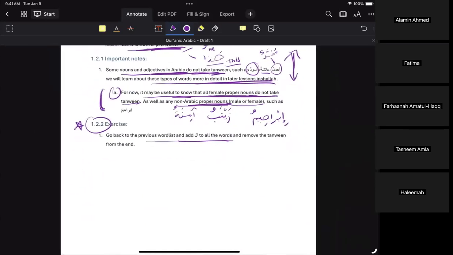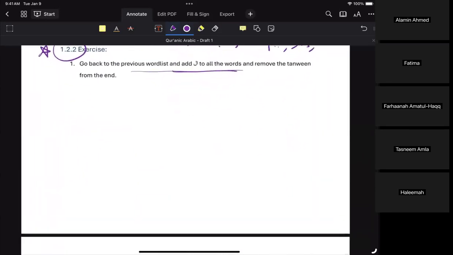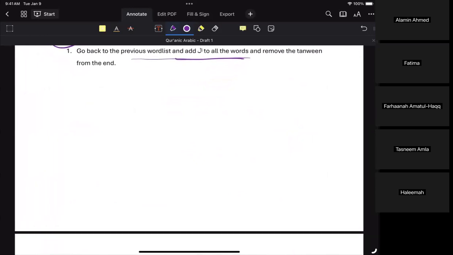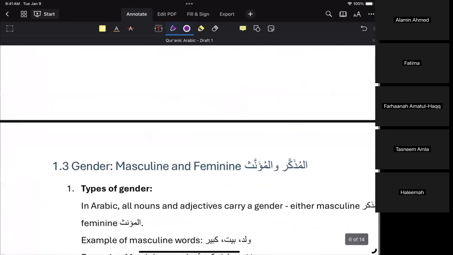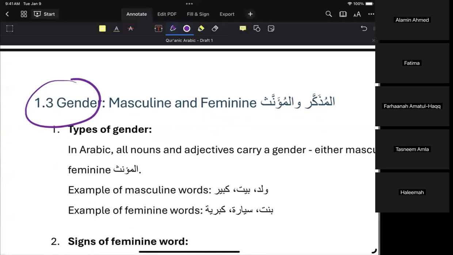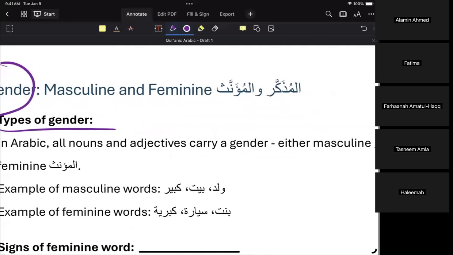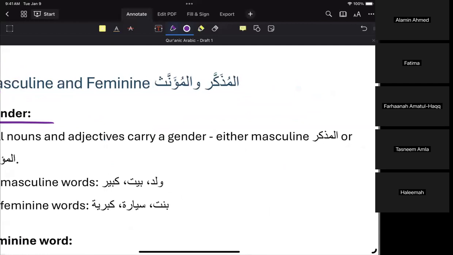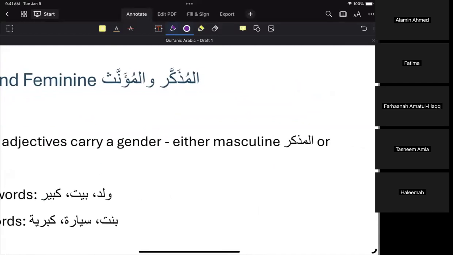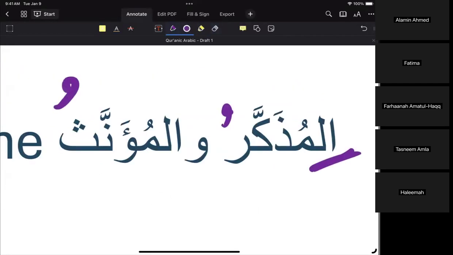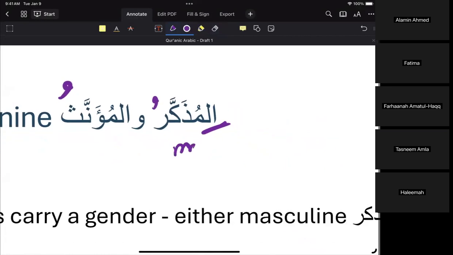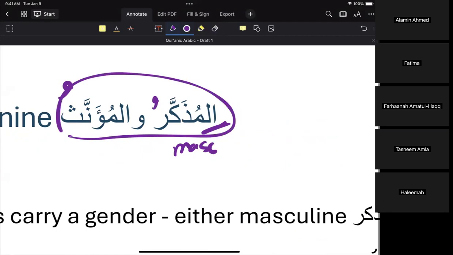Now, the next concept that we need to understand, which is another very fundamental one to the Arabic language, is gender. What do we need to know about gender? First of all, in Arabic, we have two types of genders. We have masculine, which they call mudhakkar. By the way, you don't have to know these Arabic words.